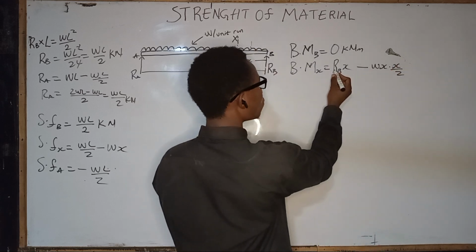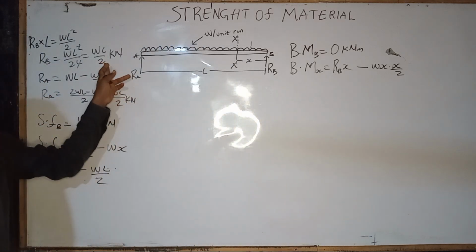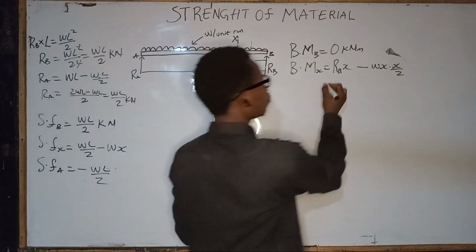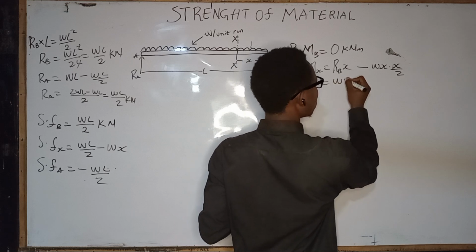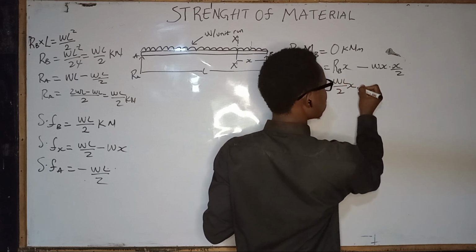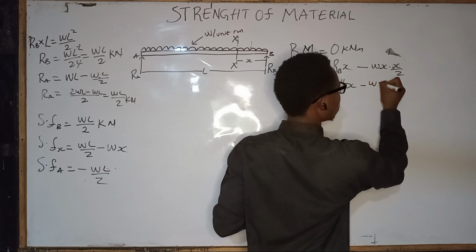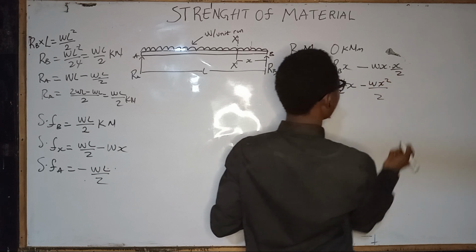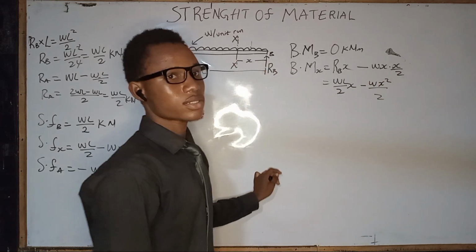So with R_B equal to WL over 2, it will be equal to WLX over 2 minus WX squared over 2. So this is our bending moment at X.